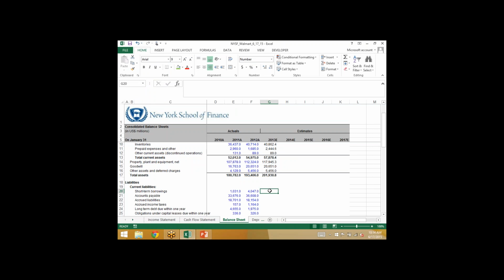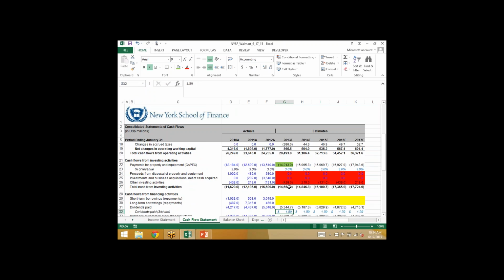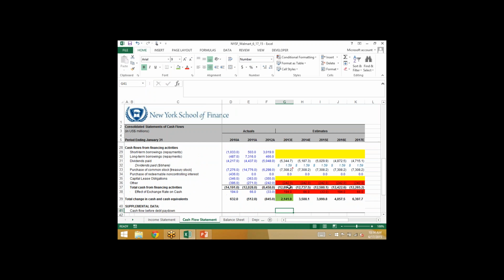So for the liabilities, which cash flow statement line item drives short-term borrowings? Even though it's not linked in yet, which direction should it drive the short-term debt?